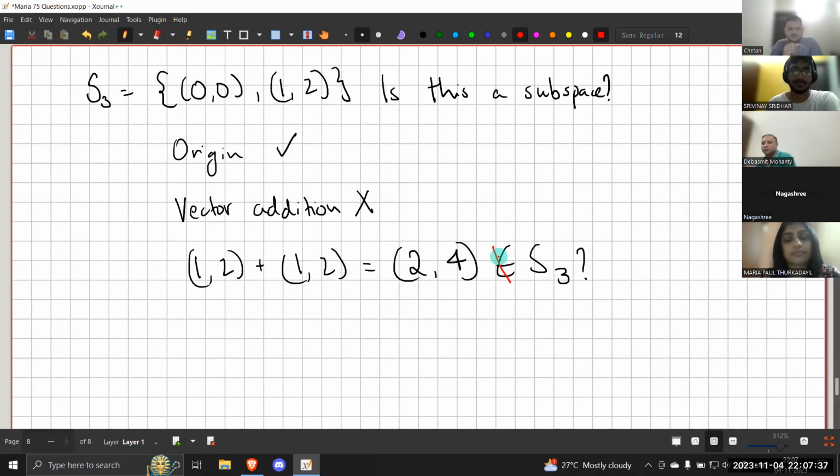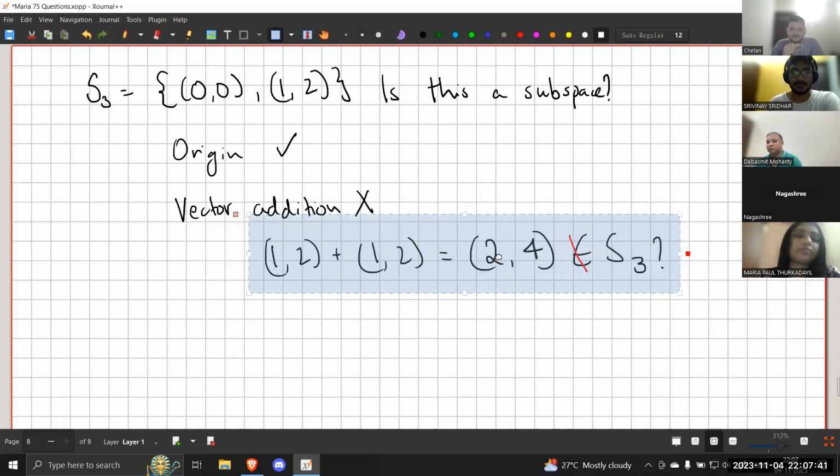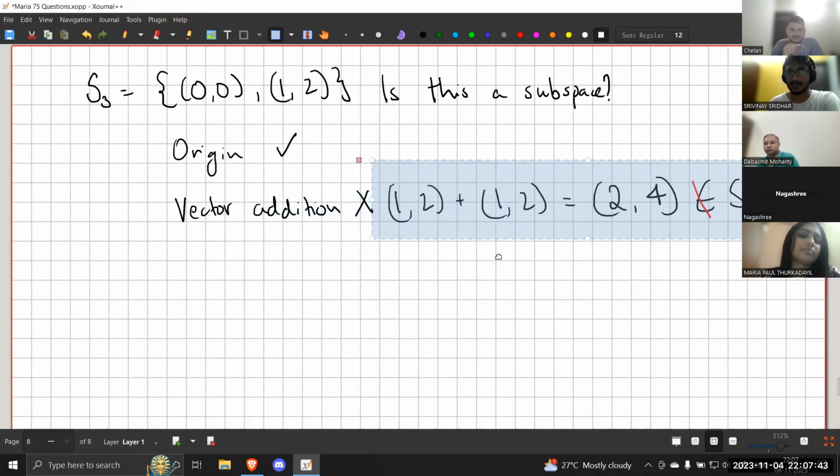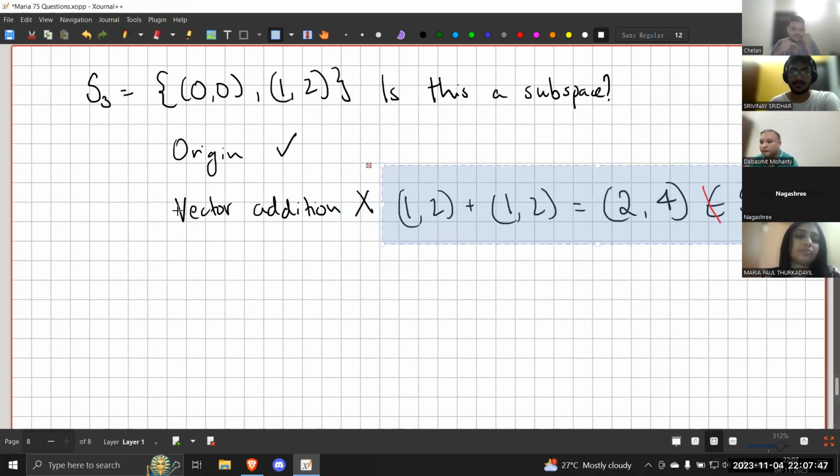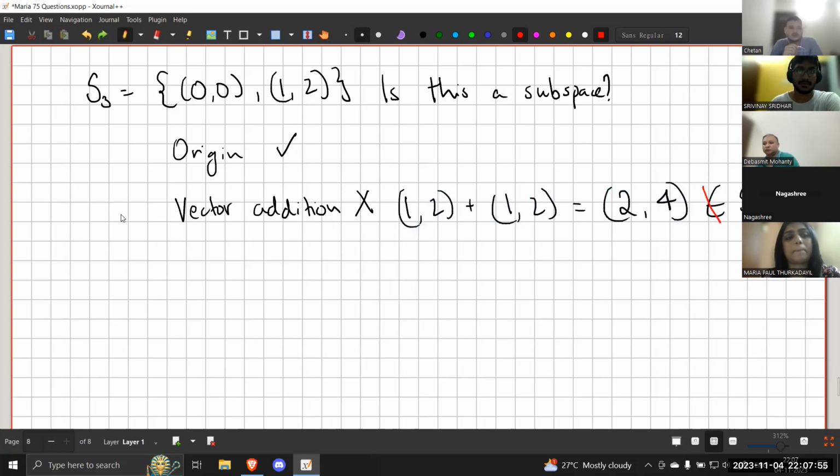I see. What about scalar multiplication? Although I need not concern myself with that, let's check. Does it even satisfy the scalar multiplication? So if I multiply, say, 3 with 1, 2, will it give me a vector in the subspace or subset?